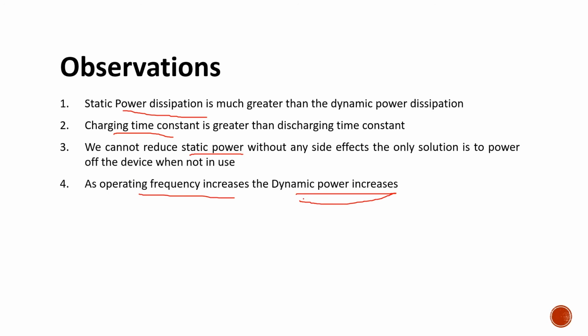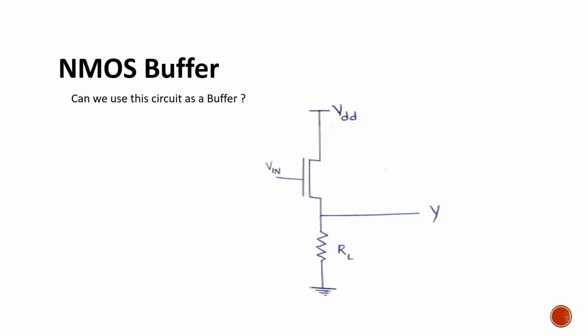Okay. Let me hold for a second. Before discussing CMOS, let's look at the NMOS buffer. Is this an NMOS buffer? People say if the input is 0, this acts like an open circuit so that the current flowing through this is 0. So the voltage drop is 0.